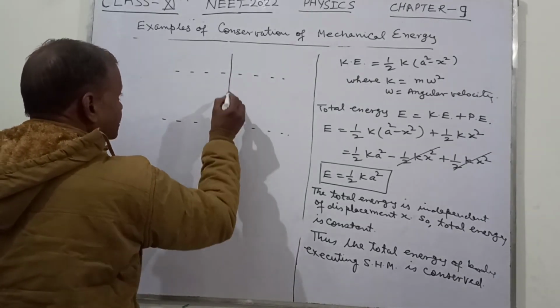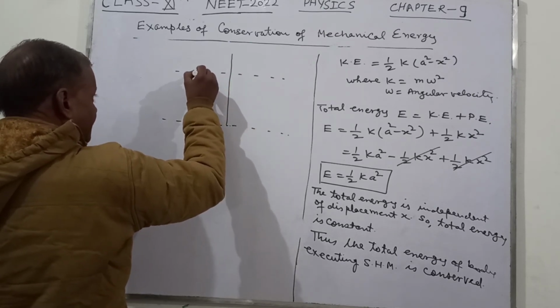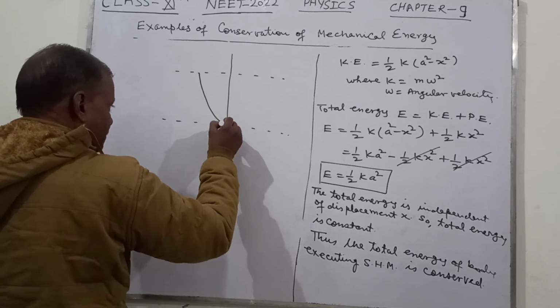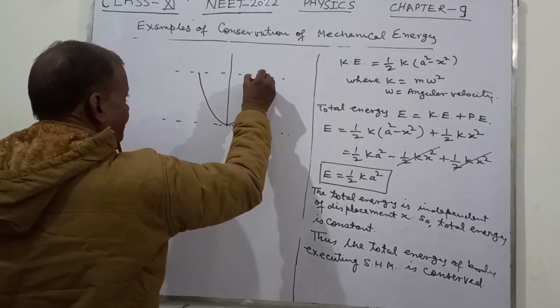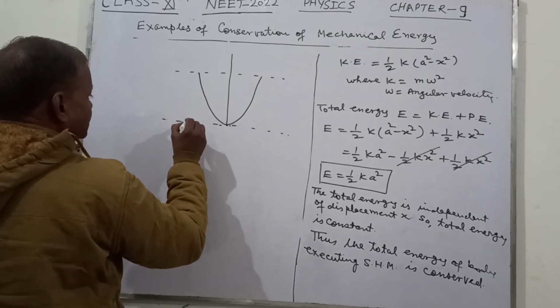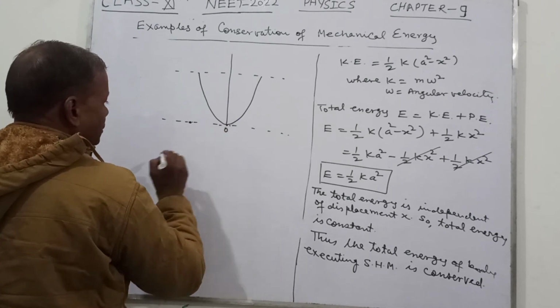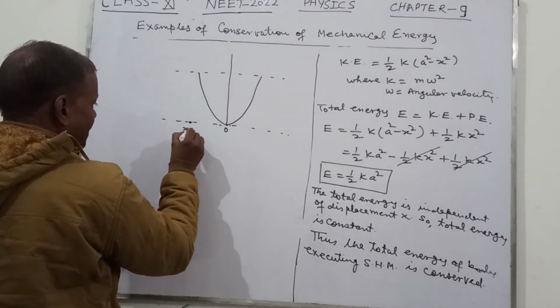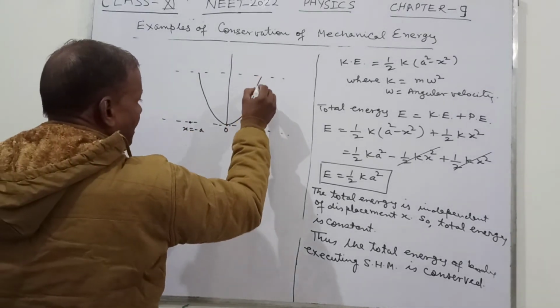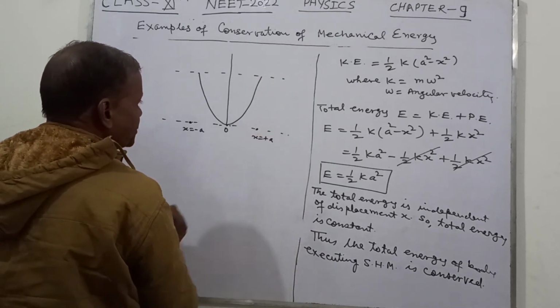This is the point. This is the maximum displacement. Here x is equal to 0. Here x is equal to minus a, and at this point x is equal to plus a.